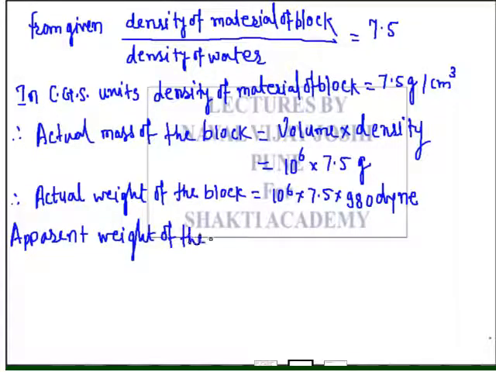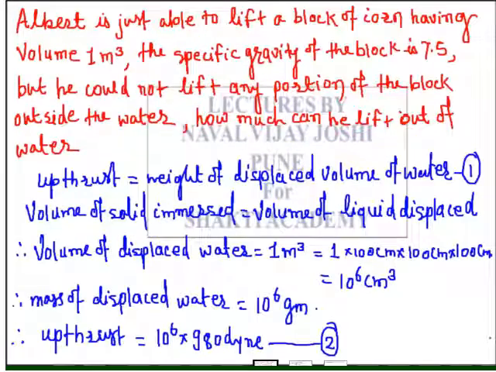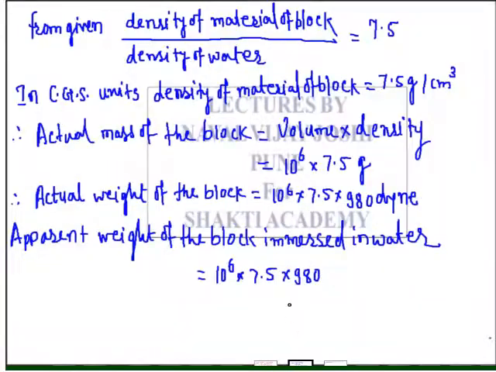of the block, obviously this is the block when it is immersed in the water, immersed in water, is equal to 10 raised to 6 into 7.5 into 980 minus the upthrust, we have calculated, that is minus 10 raised to 6 into 980.